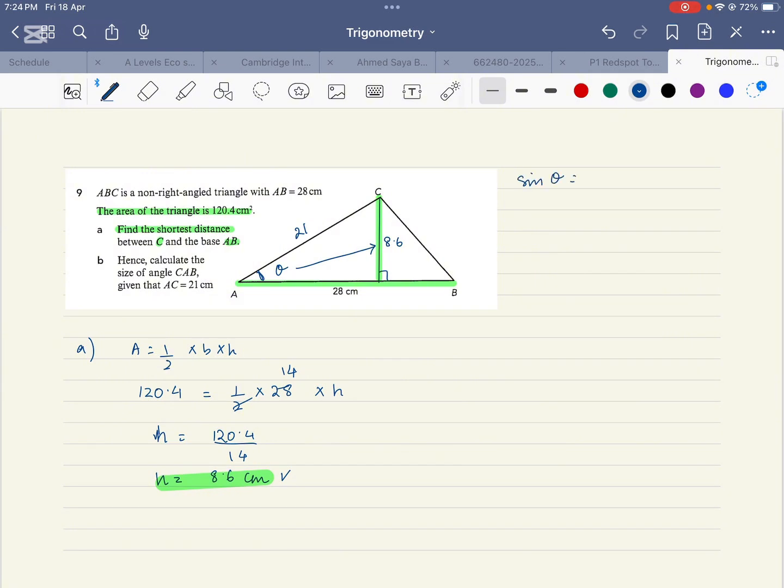Sine theta is equal to perpendicular upon hypotenuse. Sine theta is equal to 8.6 upon 21. Theta is equal to sine inverse of 8.6 upon 21. This is 24.17 degrees.